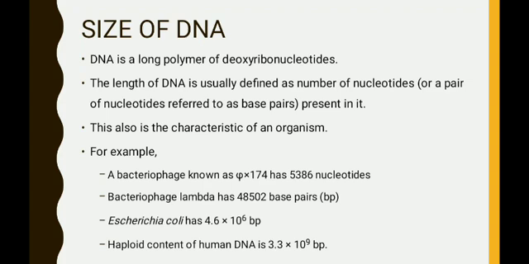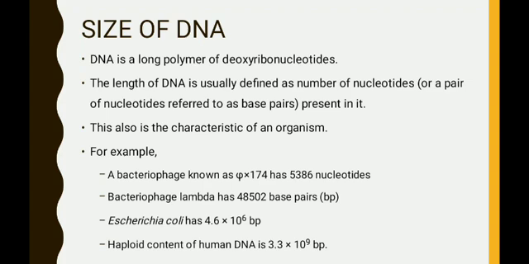Bacteriophage lambda has 48,502 base pairs. Escherichia coli has 4.6 × 10^6 base pairs. And the haploid content of human DNA is 3.3 × 10^9 base pairs.